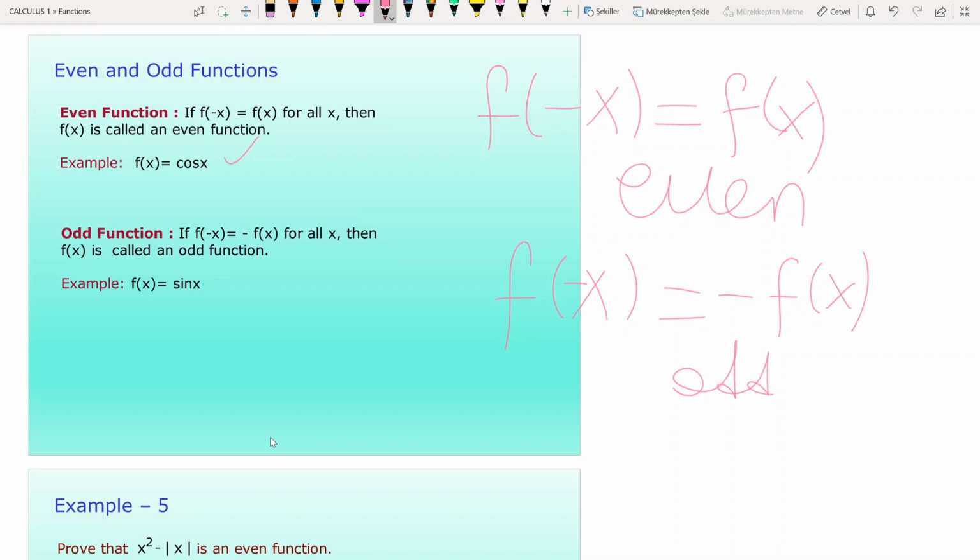And cosine, since cosine of minus x is equal to cosine x, this function is even. Since sine of minus x is equal to minus sine x, the sine function is odd. Now we will see some examples about even and odd functions.